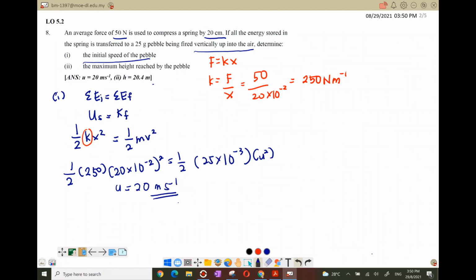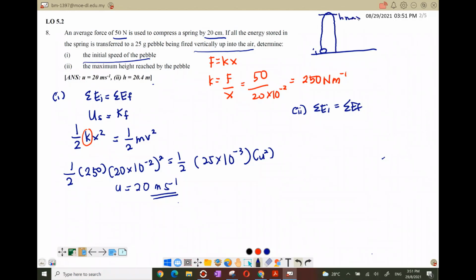And then find the maximum height reached by the pebble. The maximum height reached by the pebble we can also find from the conservation of energy. Sum of E initial equals to sum of E final. In the diagram, the pebble goes from the initial point up to H maximum.